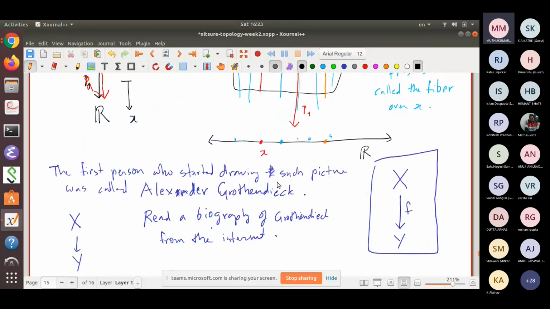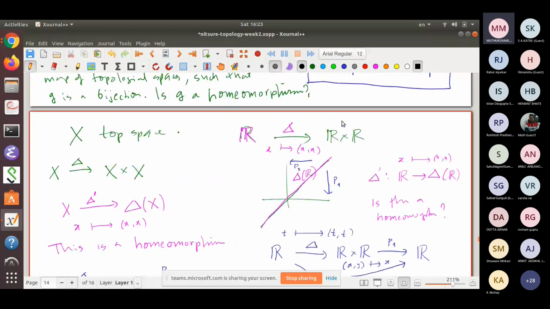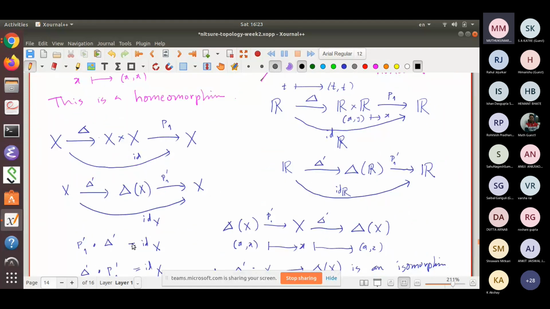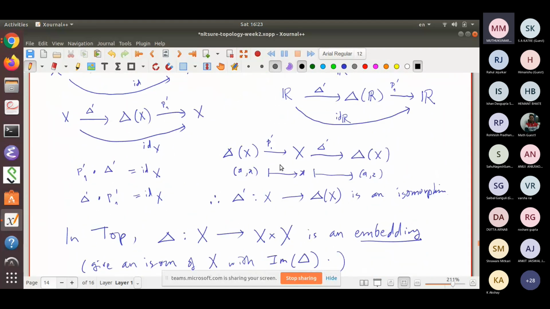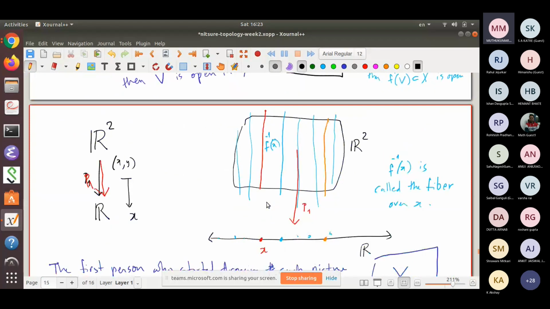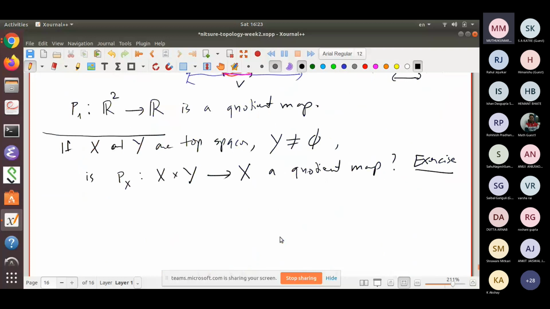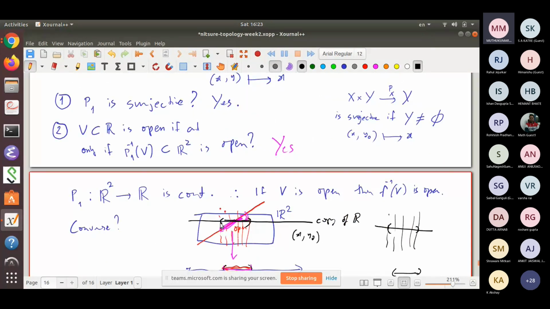Just as when Himanshu made his original argument about the diagonal being an embedding, his argument was to use the projection, and that is the identity. But his argument never used any properties of R, and so we took that same argument and made it work for anything. You'd call this an algebraic-style argument. There's no equations. So this argument was also very arrow-theoretic. Okay, so projection is a quotient map.